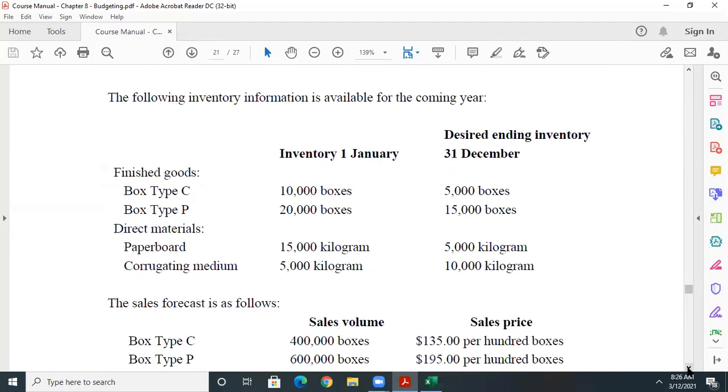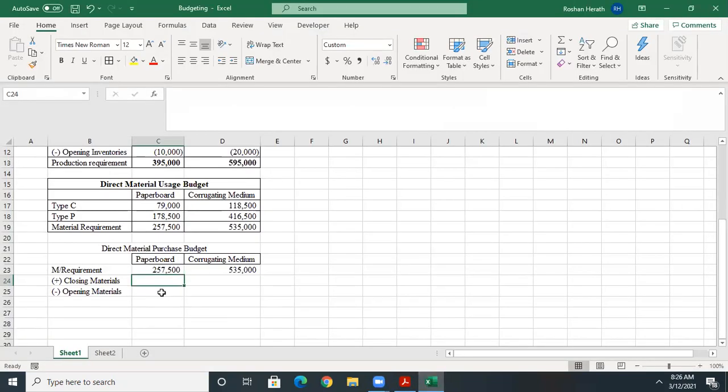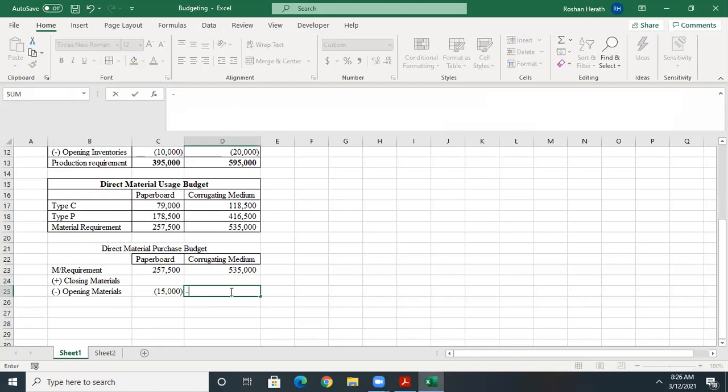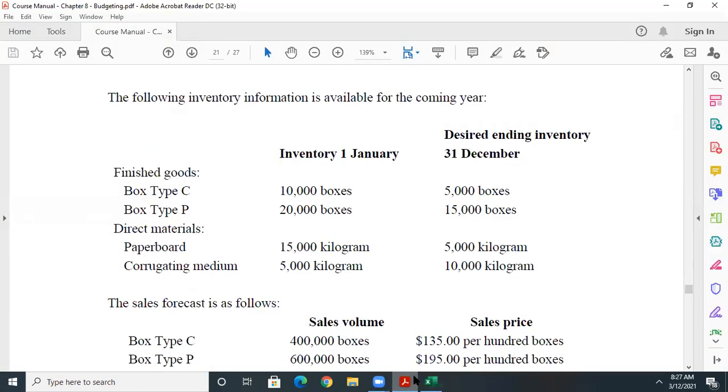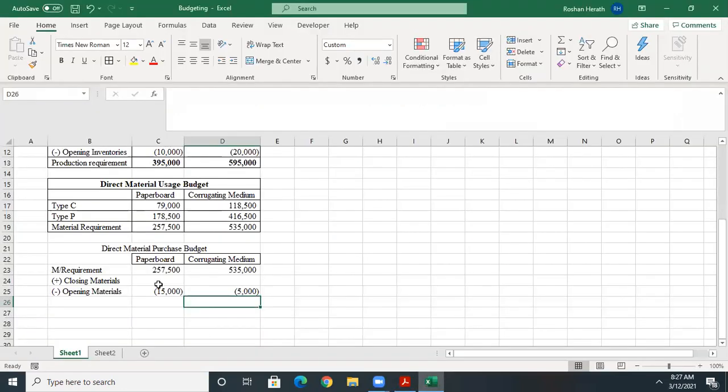So when you come to the closing materials, the question might provide you with this information. The direct material says that the opening is 15,000 and 5,000 kilograms of paper boards. But for the closing inventory, you need to maintain 5,000 kilograms and 10,000 kilograms respectively.